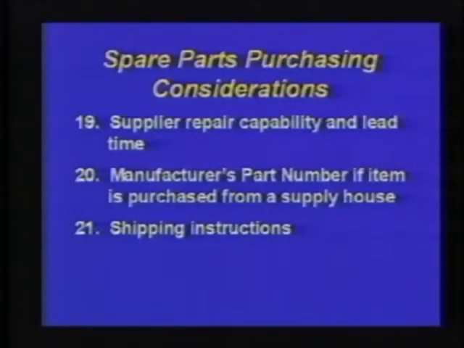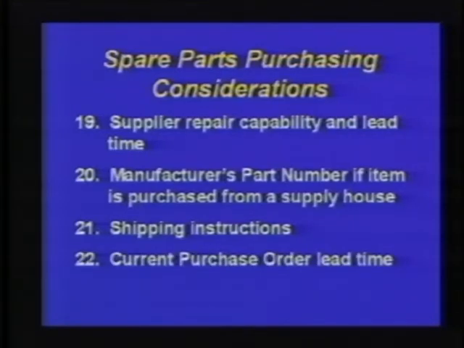21 would be shipping instructions, where you are going to utilize special shipping carriers from the supplier to yourself, and also shipping instructions that you would give, let's say, the storeroom, where you are either returning material for credit or replacement, or you are sending material out for outside repair.